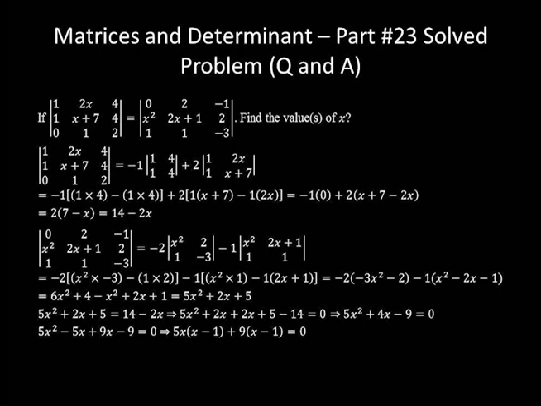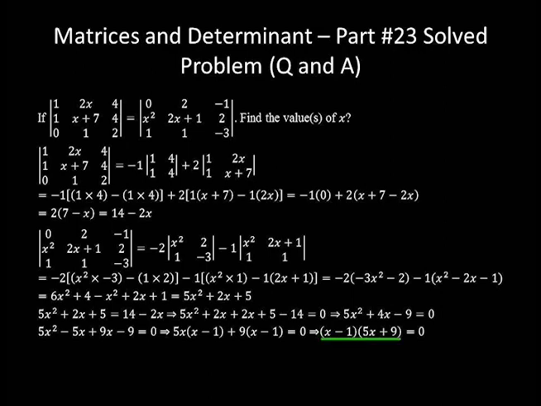So taking it as a common factor, we will find x minus 1 times (5x times x minus 1 divided by x minus 1 gives us 5x, plus 9 times x minus 1 divided by x minus 1 gives us 9), which is equal to 0.